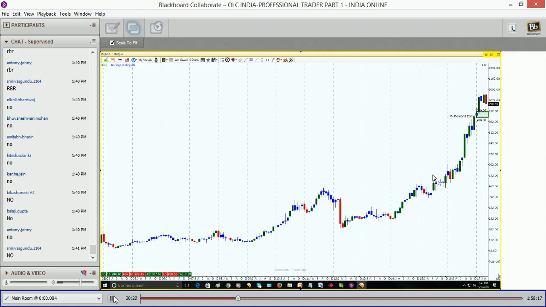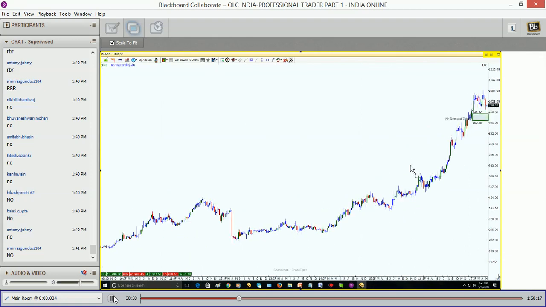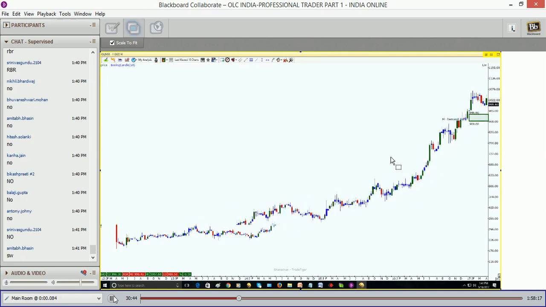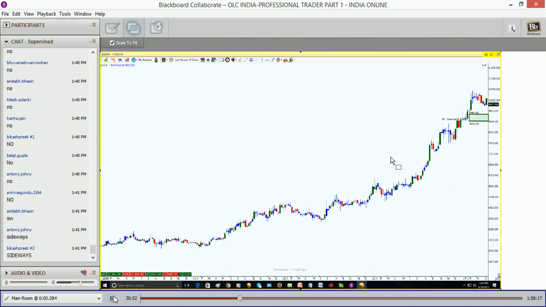Which means by default we are in equilibrium, and when we are in equilibrium location, by default we need to check the trend. If I go to my weekly chart, what is my trend saying in IGL? My intermediate time frame is where I look for my trend.